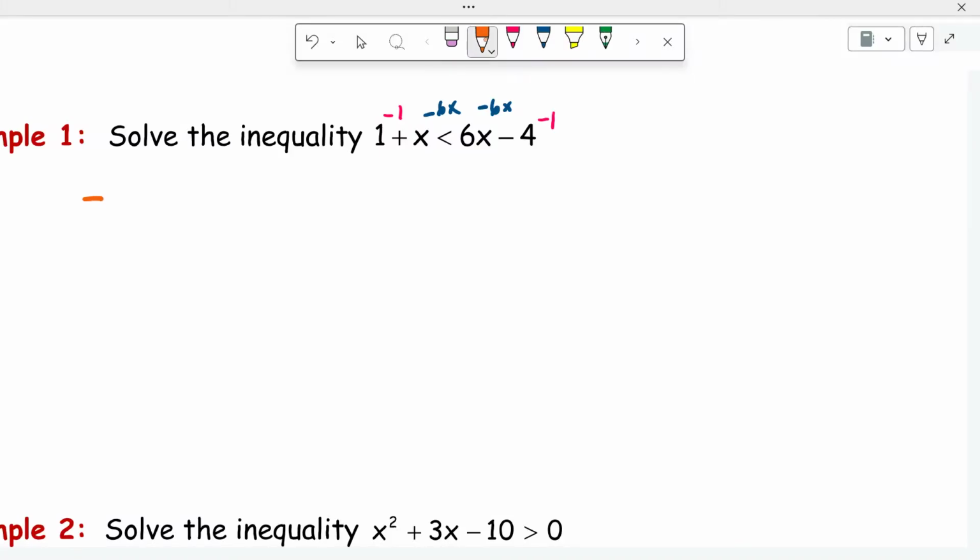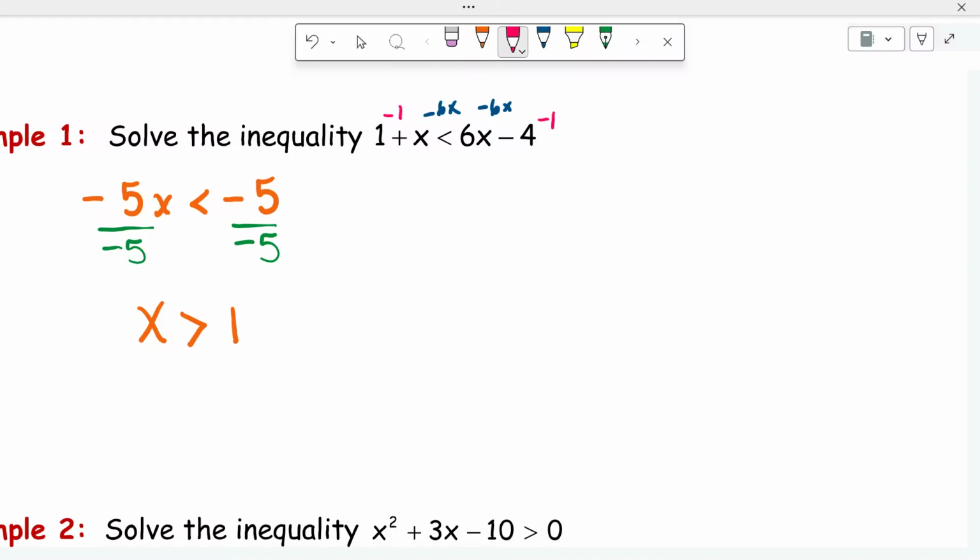So then I'm going to get minus 5x is less than minus 4 minus 1, which is minus 5. So then divide both sides by minus 5. Therefore x is no longer less than, it is greater than 1.